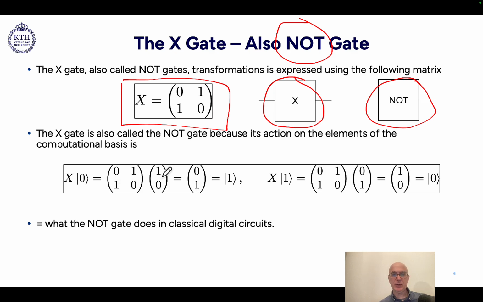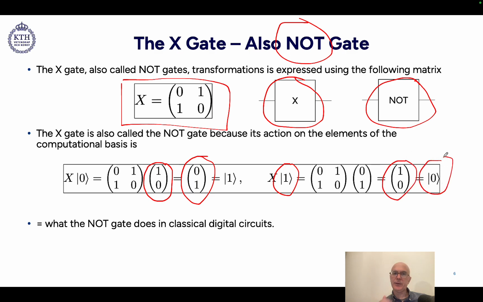So you see that we go from state vector 0 to state vector 1. And obviously the same happens, let's say, if we apply this transformation to state 1. You can do the matrix vector multiplication and we obtain the state 0.